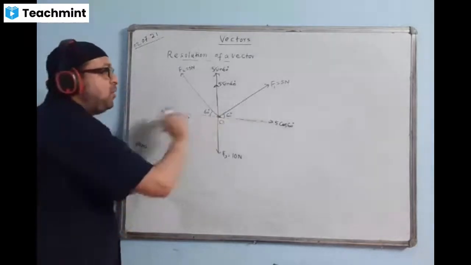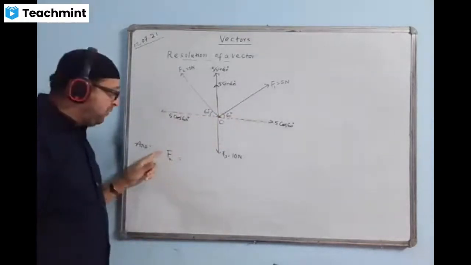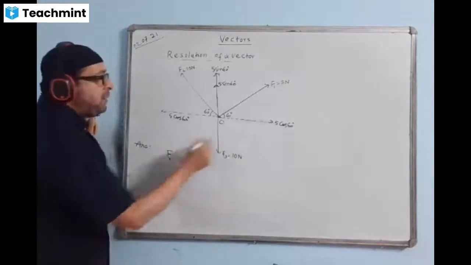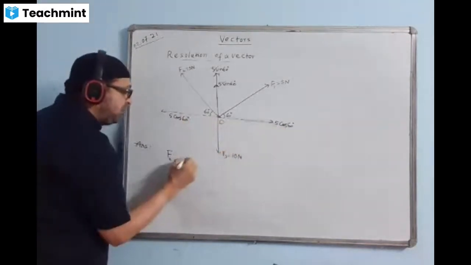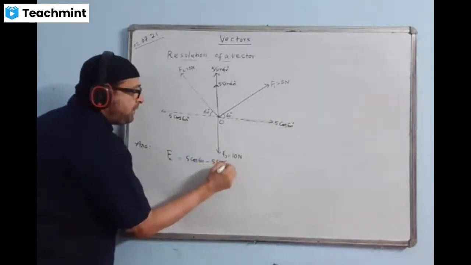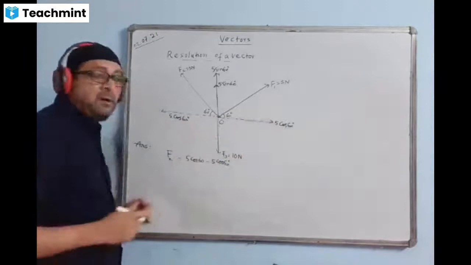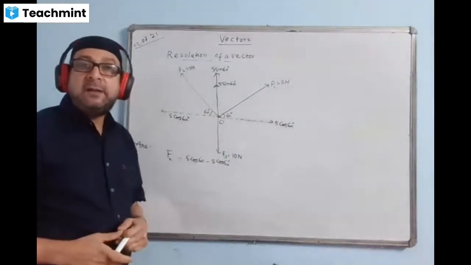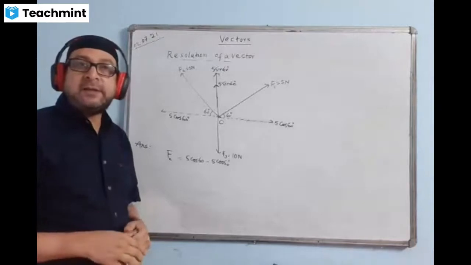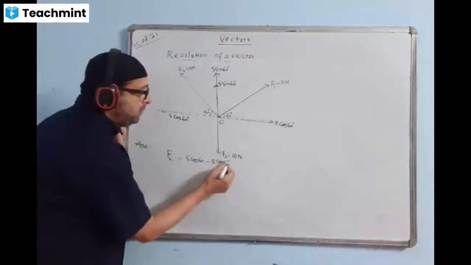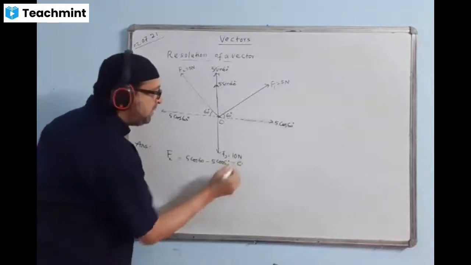Fx is 5 cos 60 minus 5 cos 60. Why do I subtract? Because they are in opposite directions. When two vectors are in opposite directions, the resultant is the bigger minus the smaller. If both are equal, we subtract one from the other. That answer is coming 0.